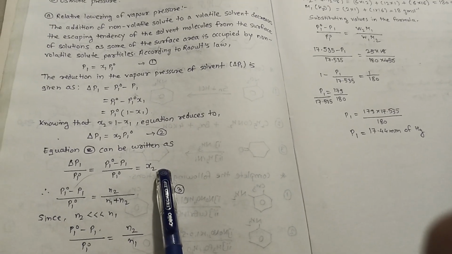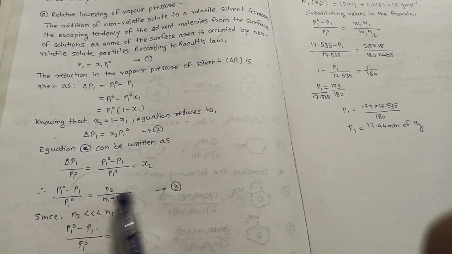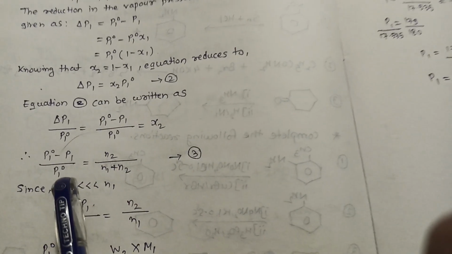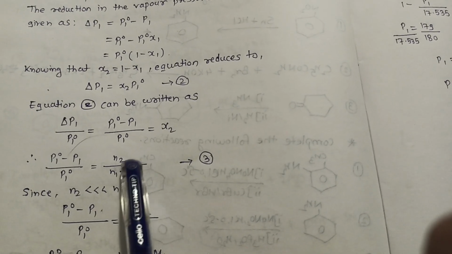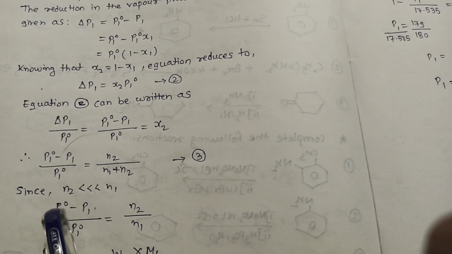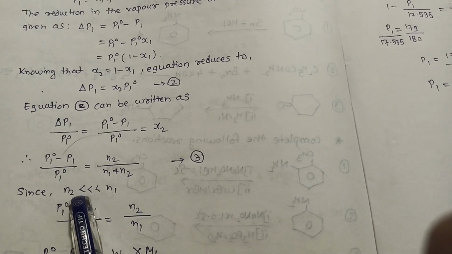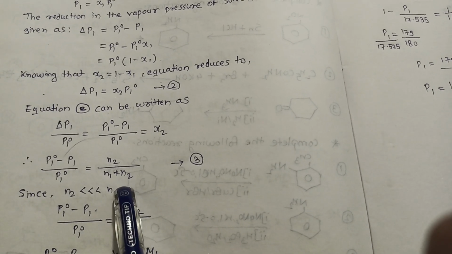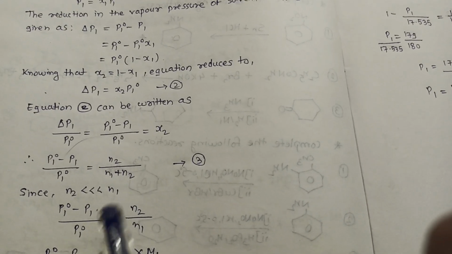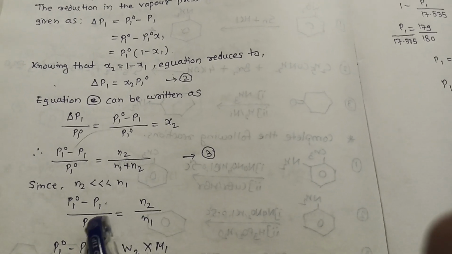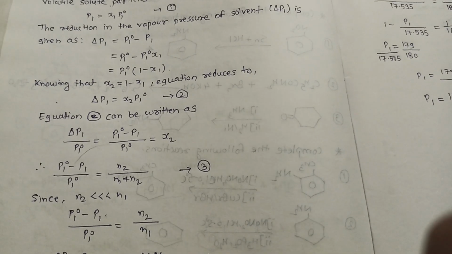And now we know the mole fraction formula: number of moles of second component divided by total number of moles. So here total number of moles is N1 plus N2, and N2 is number of moles of second component. But since N1 is very much greater than N2, because N1 is number of moles of solvent and N2 is number of moles of solute, we can write this as N2 upon N1.